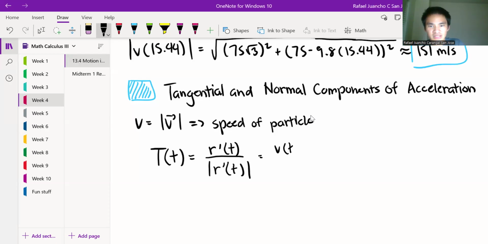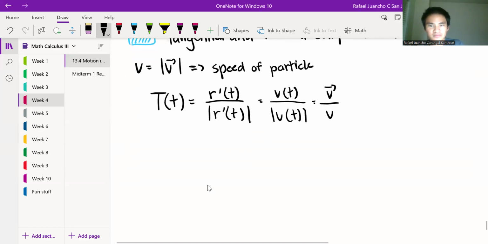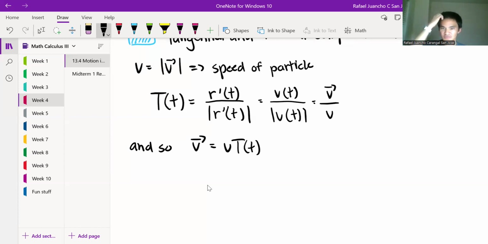Then we can translate that back to our velocity vector, and the magnitude is just equal to this vector over its speed, so velocity over speed. And from here, we can say our velocity is just v times this function T, or times the unit tangent vector, right?